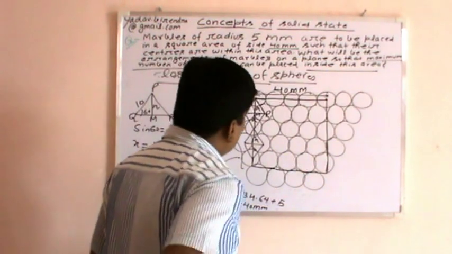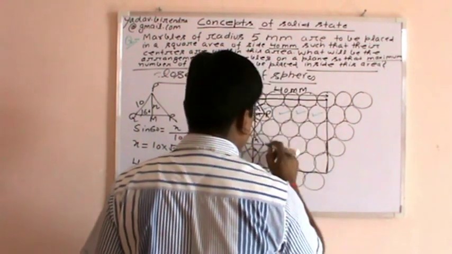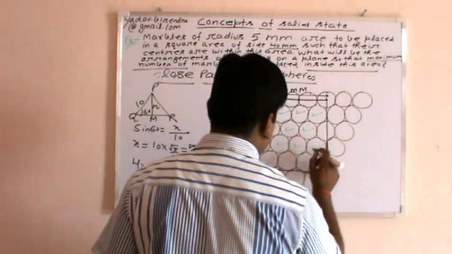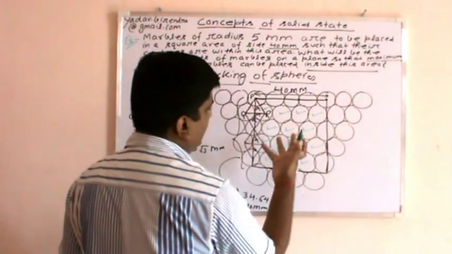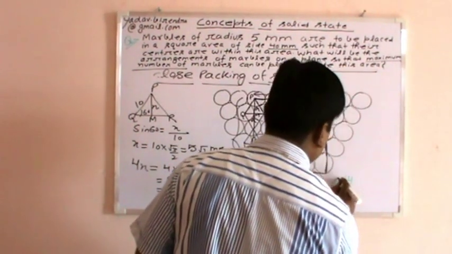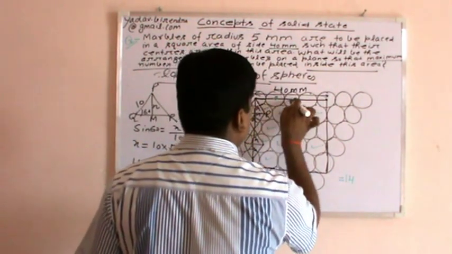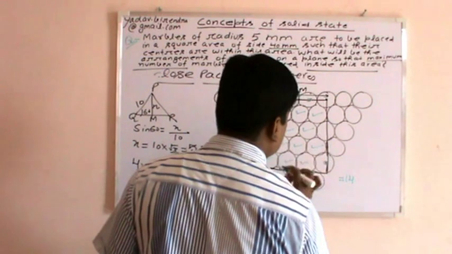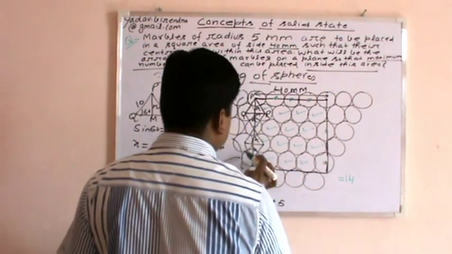So try to count: 1, 2, 3, 4, 5, 6, 7, 8, 9, 10, 11, 12, 13, 14. 14 spheres are completely inside this area. If we look at this sphere, this sphere, this sphere, this one, this one, this one, and this one: 1, 2, 3, 4, 5, 6, 7.